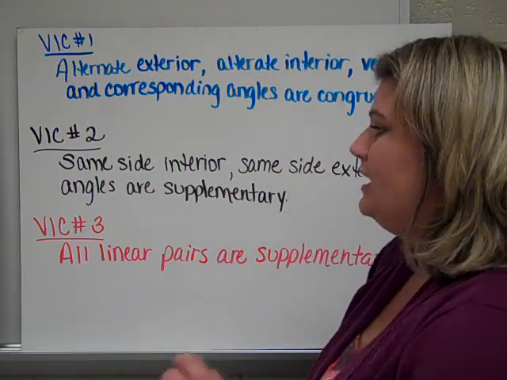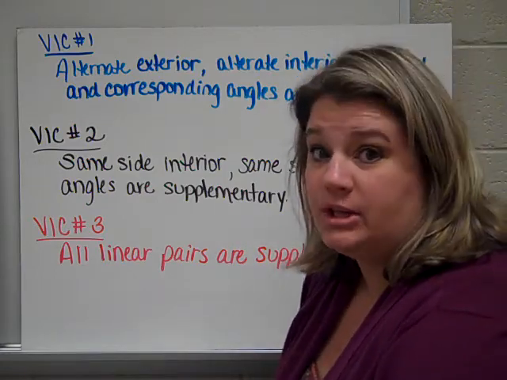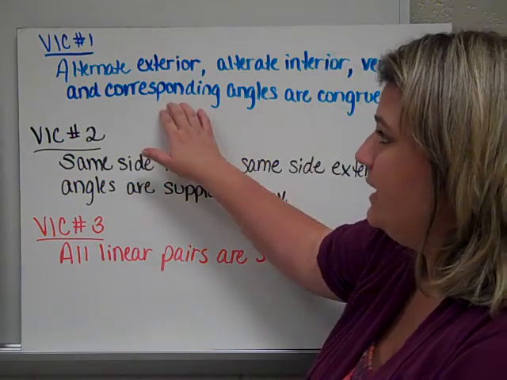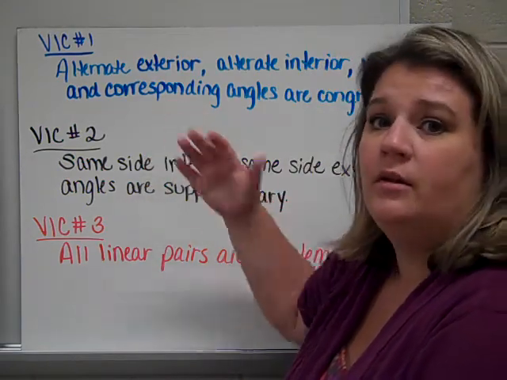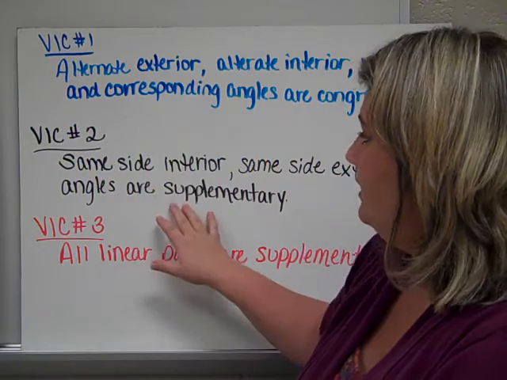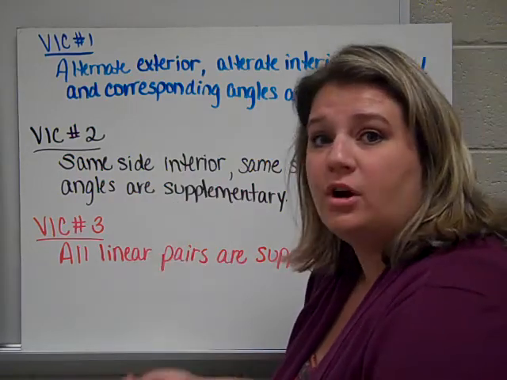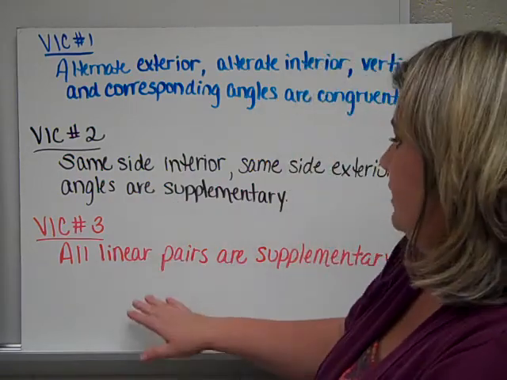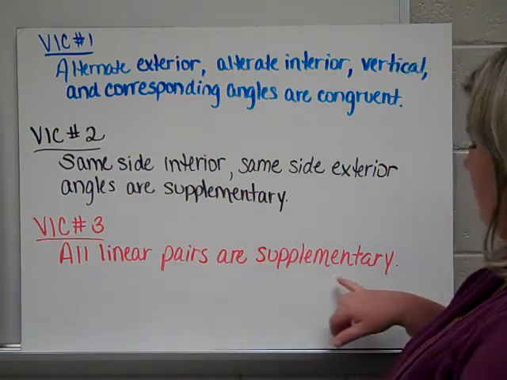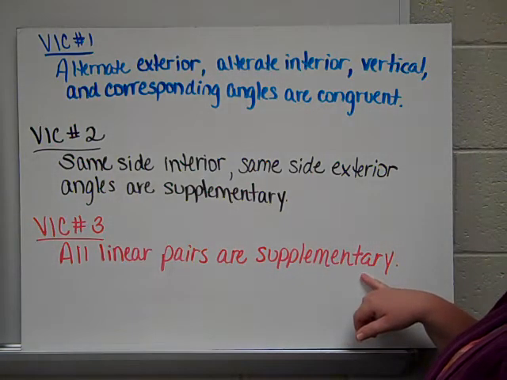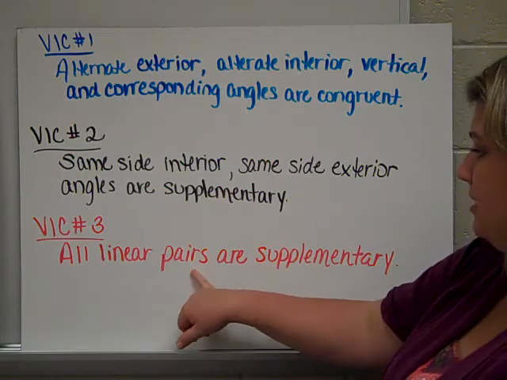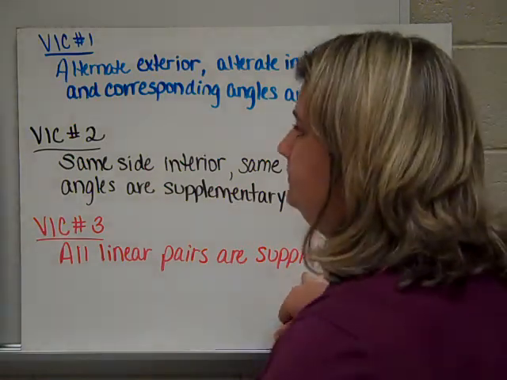That means they add up to 180 degrees. So we have a set of angles in number 1 that are congruent, and in number 2 that set of angles are supplementary. Big number 3: all linear pairs are supplementary.